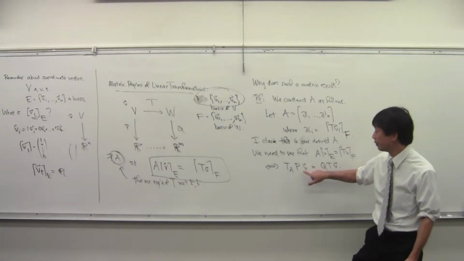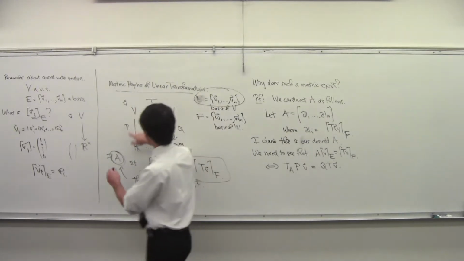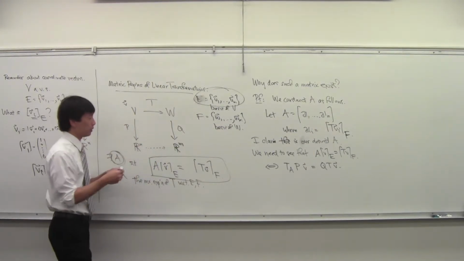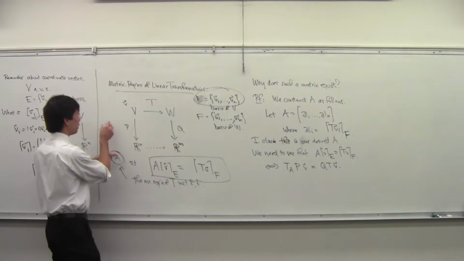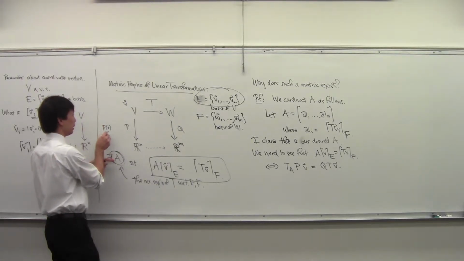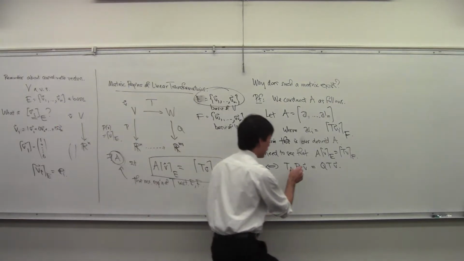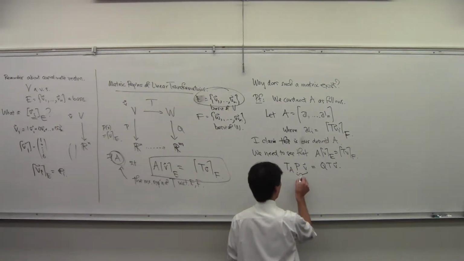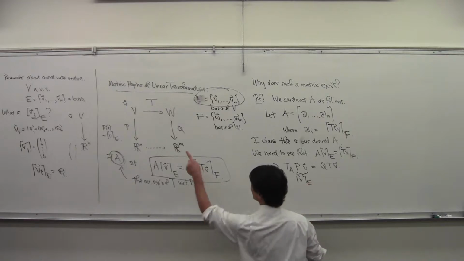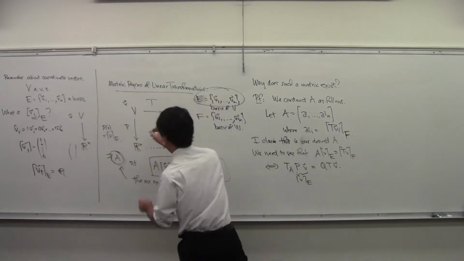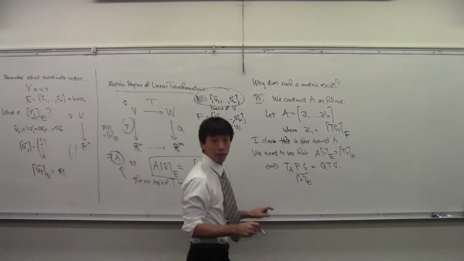Take a look, right? So P is the coordinate vector map, so P V is V with respect to the E basis. We're using P for the coordinate vector map here.